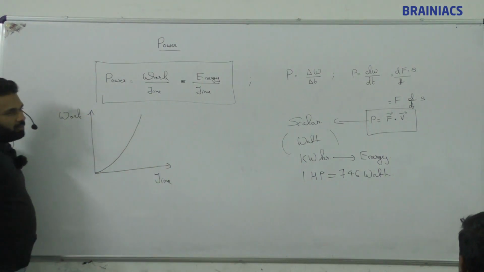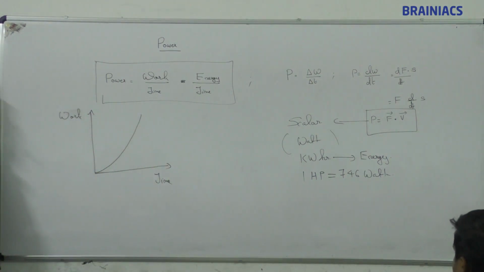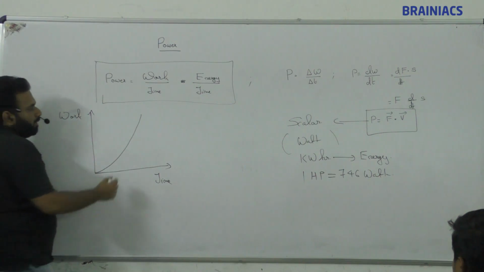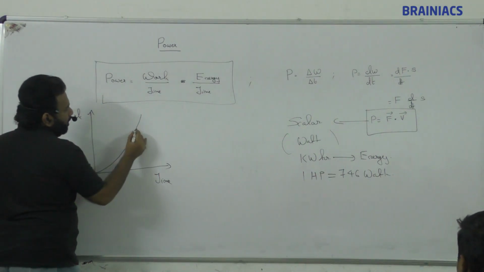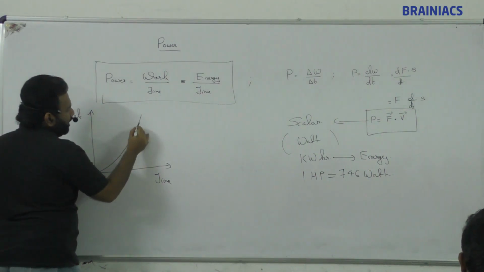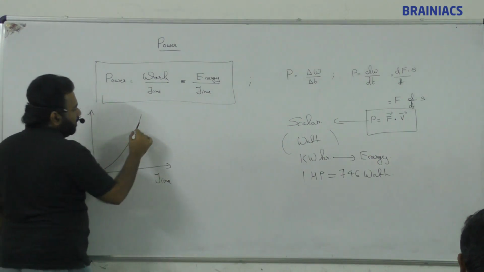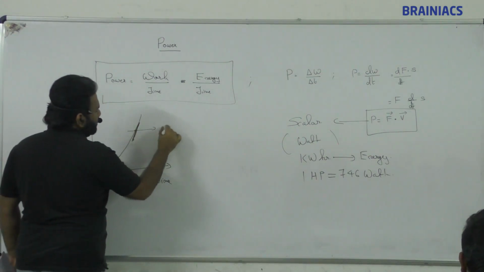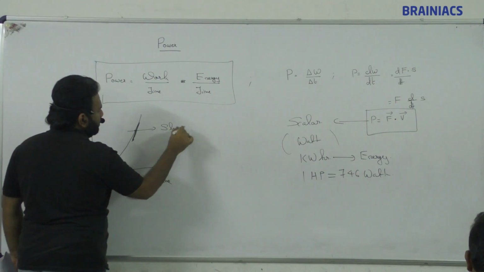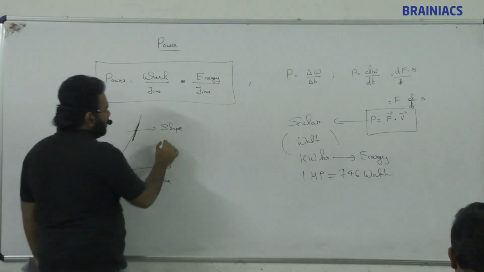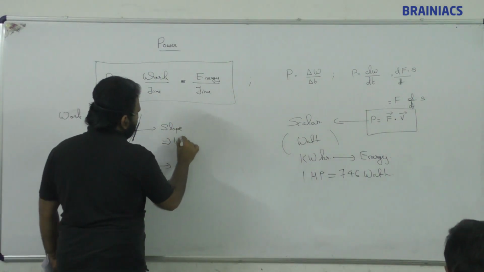Suppose we have a work-time curve like this. If you mark a point and draw a tangent here, we will be getting what? Slope. This slope gives us the instantaneous value of power.